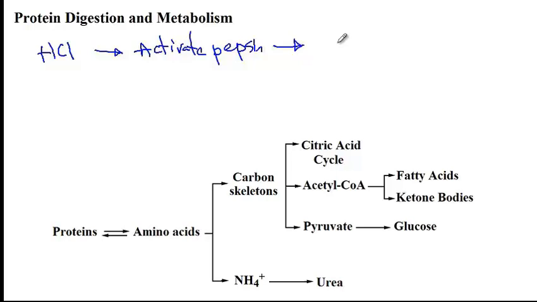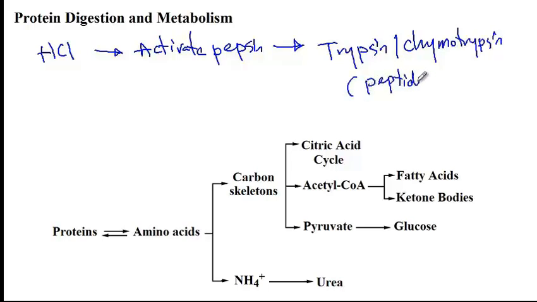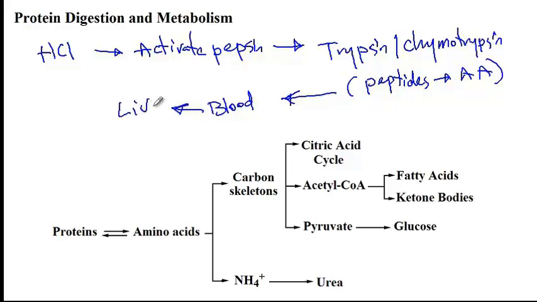Now digestion continues in the small intestine by the trypsin and chymotrypsin, which hydrolyze peptides into amino acids. And then later on, amino acids will enter the blood for transport to the liver, where at this site amino acids are degraded into ammonium, which is converted to urea for excretion. So here you can see that the proteins are converted into amino acids.